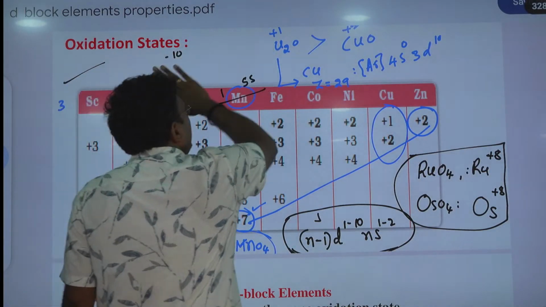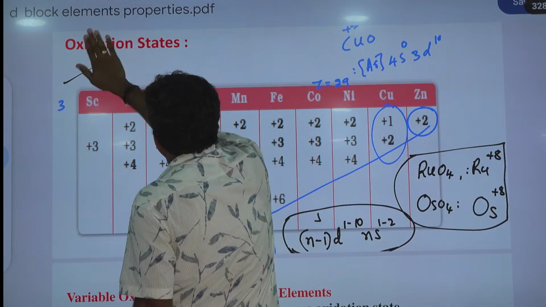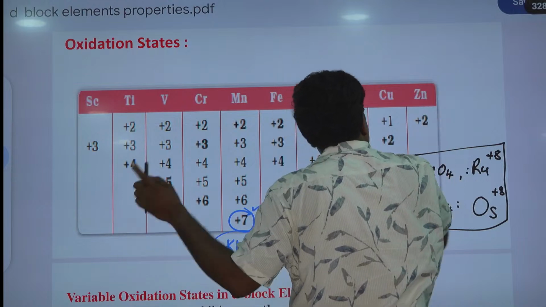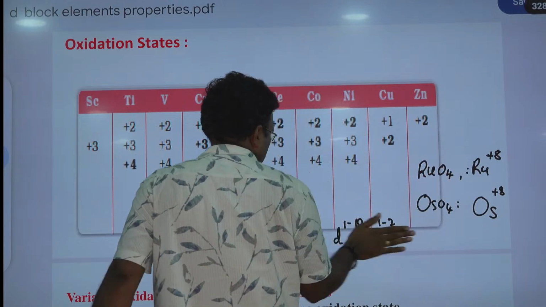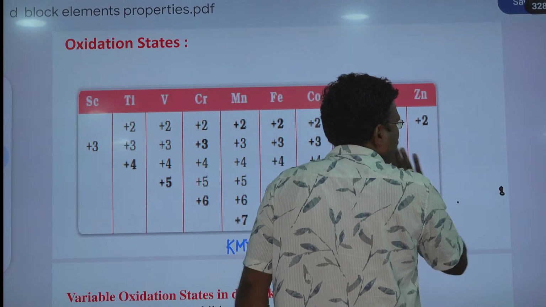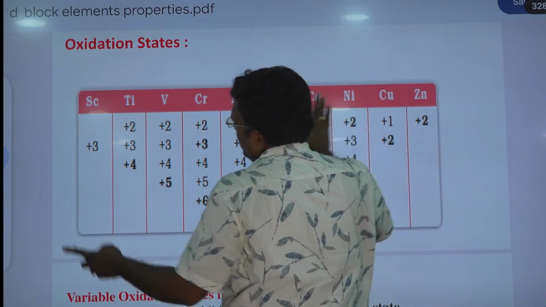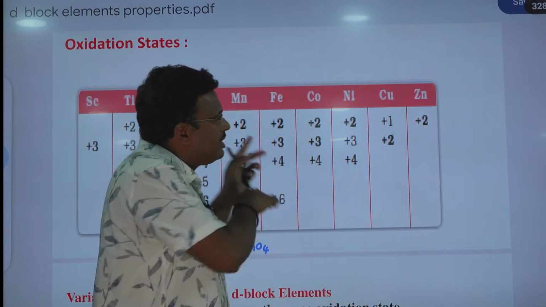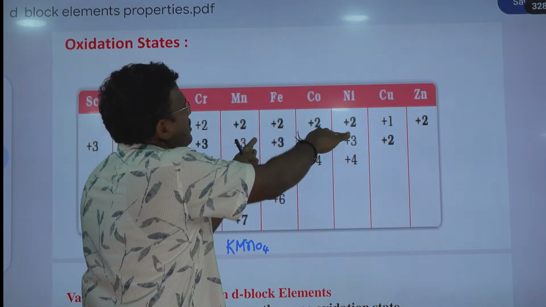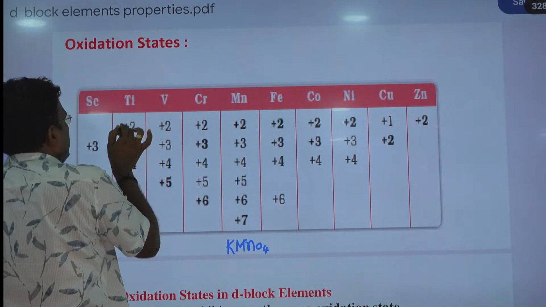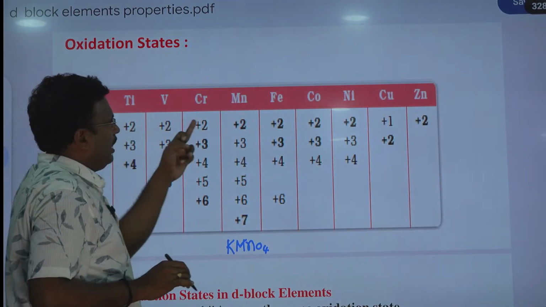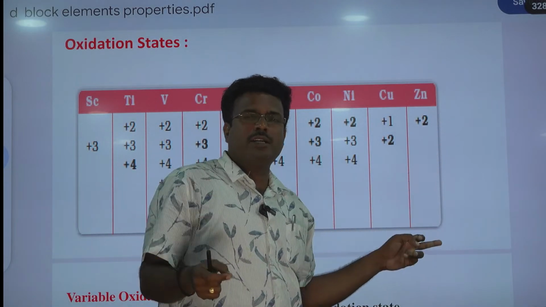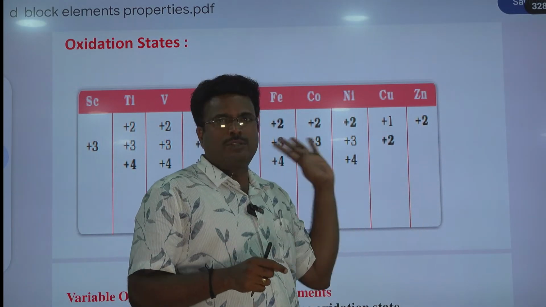A special, very important thing in the oxidation states of D block elements: in general, the oxidation state of these D block elements is +2. The general oxidation state of D block elements is +2, because the s block has 2 groups. So all the elements show the +2 oxidation state, except scandium. That's why the general oxidation state of D block elements is +2.